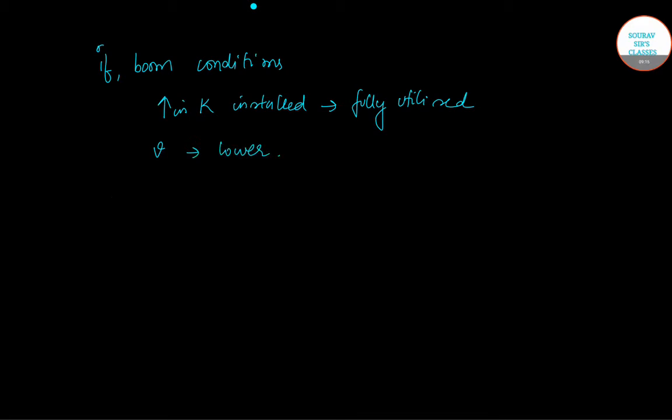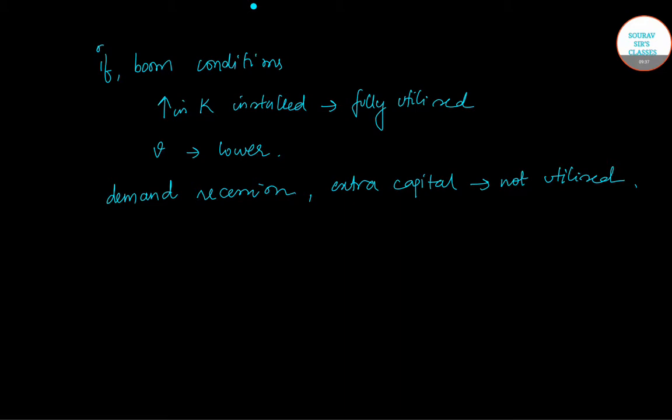On the other hand, if there is a demand recession, a new situation in the economy, and a good amount of extra capital is installed but not utilized for production, consequently the incremental capital output ratio will be higher.